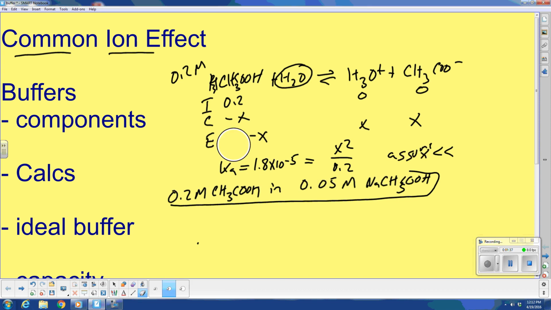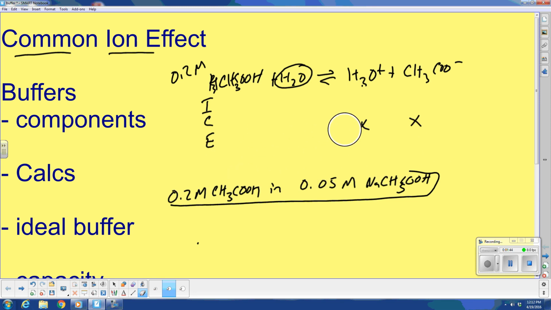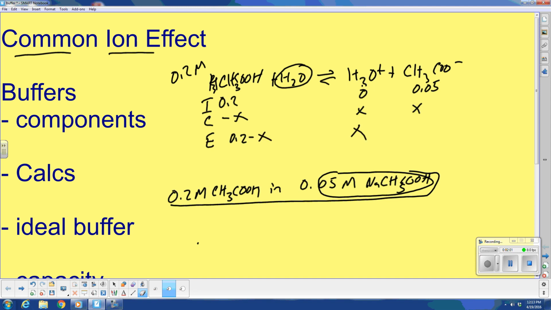Well, you no longer start off with zeros across the board on your product side. So I'd start up here with 0.2, but now I have 0.05 sodium acetate, which means this is going to be 0.05 there. This is going to be 0.2 minus X, X, 0.05 plus X. We're still going to make the assumption that X is much, much smaller.